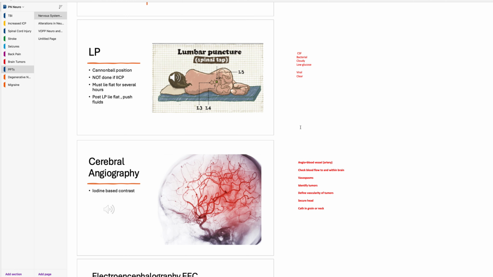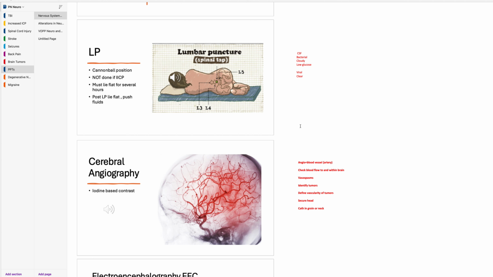Cerebral angiography. The word angio means blood vessel, and here it means arterial. Okay, so this test is done to check the blood flow to and within the brain. So it's looking for vasospasms. It's looking for areas of occlusion, like areas of ischemia.